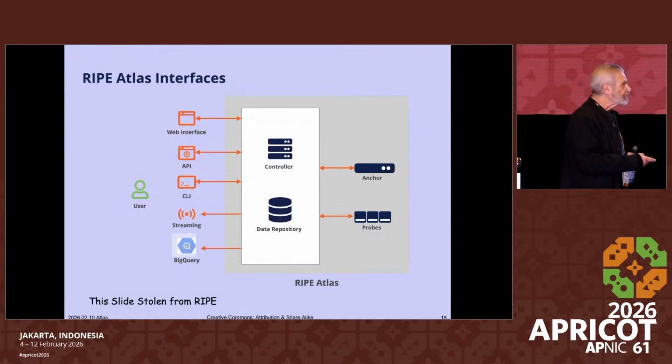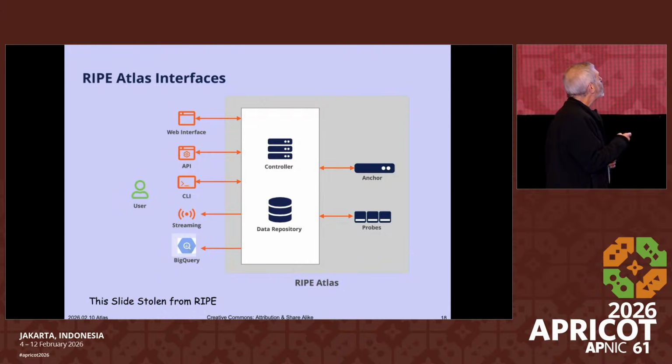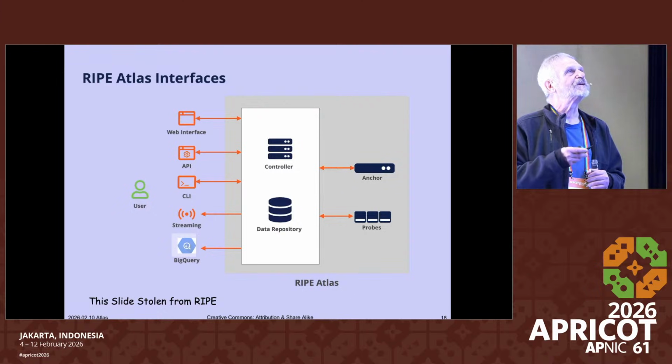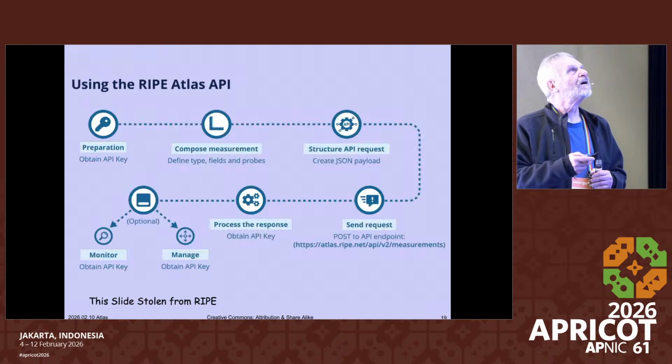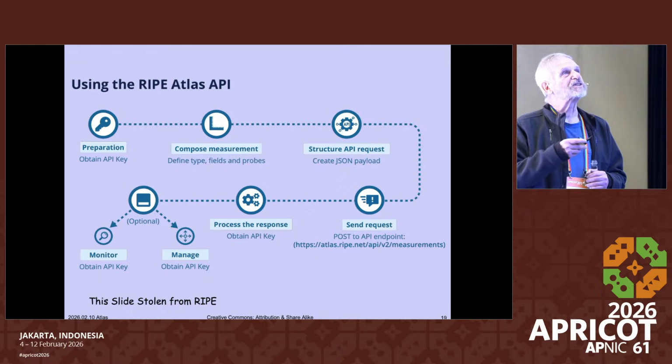So there's the web interface, there's the API, there's a CLI interface, there's all sorts of things, streaming output, BigQuery output, etc. But the API lets you get a typical API key, you compose a measurement in JSON or whatever, you stuff the JSON payload into the API, it sends to all the probes, okay? You process it, and you can get the result.